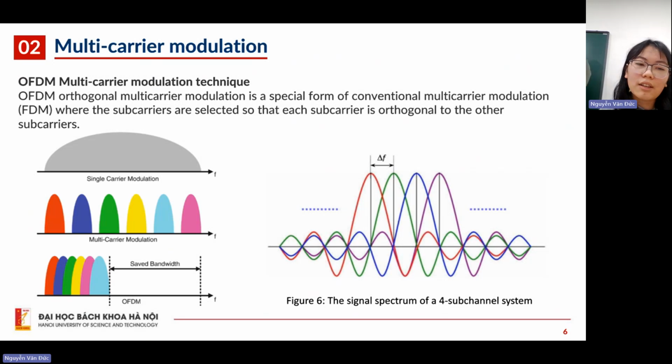You can see here the difference between single carrier modulation, multi-carrier modulation, and OFDM. And you can see that when using OFDM, we can save a lot of bandwidth due to the orthogonality.